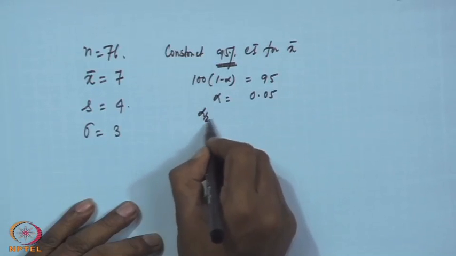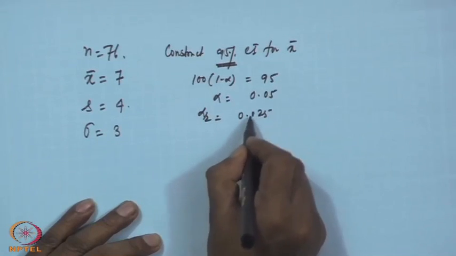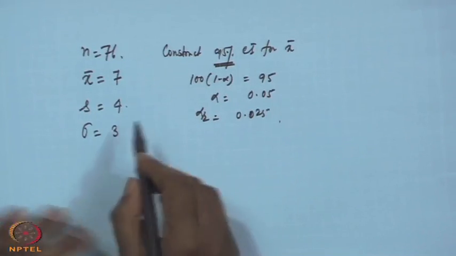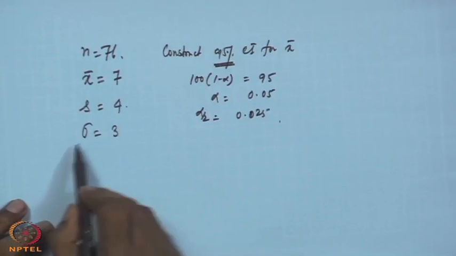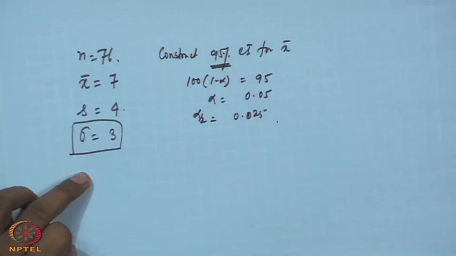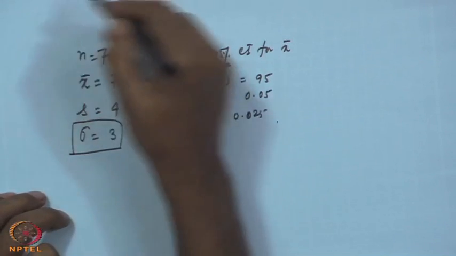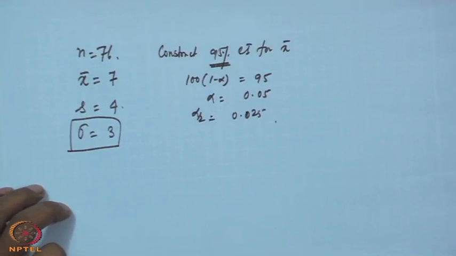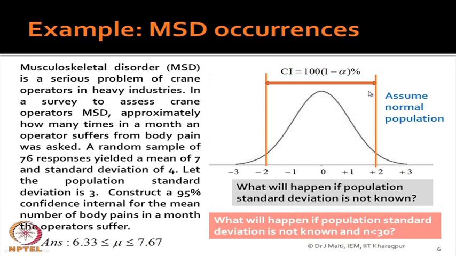So, what is my alpha by 2? 0.025. Now, here it is clearly given that sigma is 3, that is, the population standard deviation is known, and we are assuming that the sample has come from a normal population distribution. So, assume normal distribution.